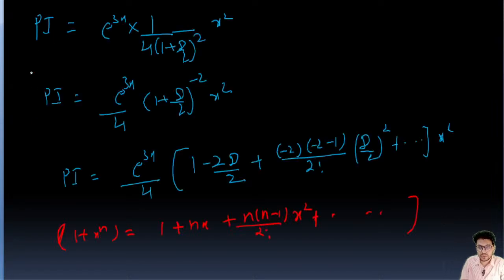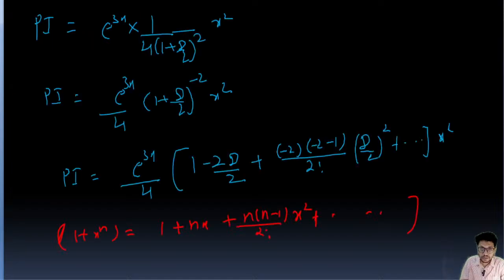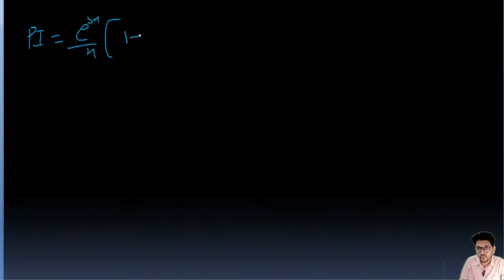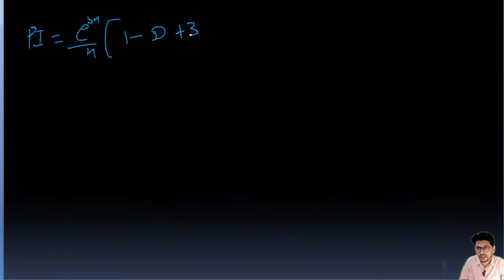Okay, so PI is going to be e to the power 3x by 4, into this one: 1 minus d, the 2 will get cancelled, right? And this is going to be plus 6 by 2, so this is 3, and 3 by 4 d square, so plus 3 by 4 d square.